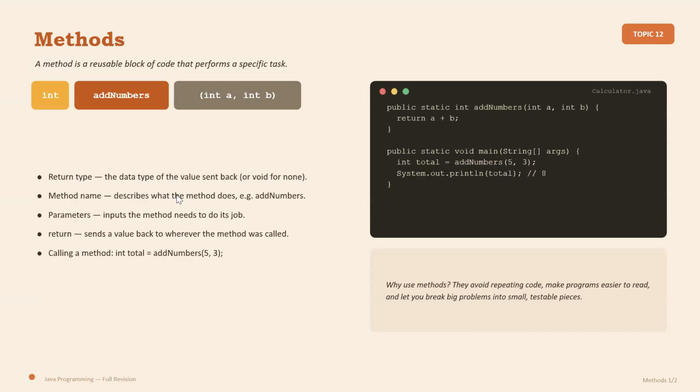So a method has 3 main parts. So let's take the example int add numbers int a comma int b. So these methods we have discussed in our last lecture.